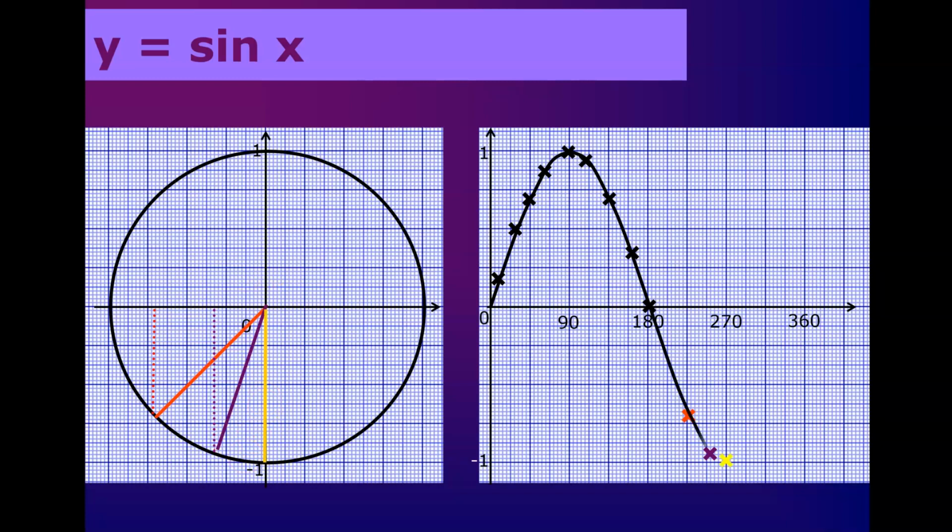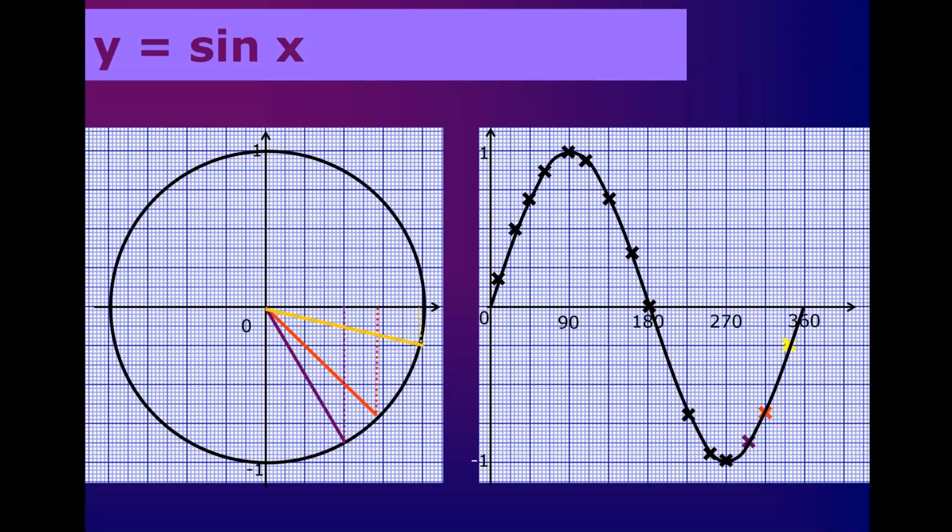And then it will gradually work its way around, following the circle, until you get right back to 360 and 0. And that's a complete circle of the graph. And that is your sine curve. It goes from 0 to 360, but then it repeats.